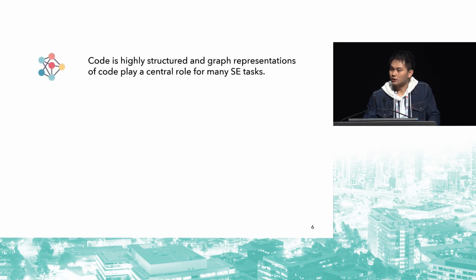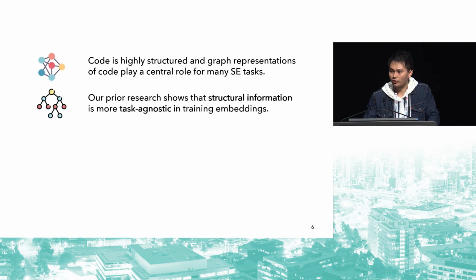However, code is highly structured, and graph representations of code play a central role for many software engineering tasks. In our previous research, we showed that the structural information in the source code is more task agnostic in training embeddings.